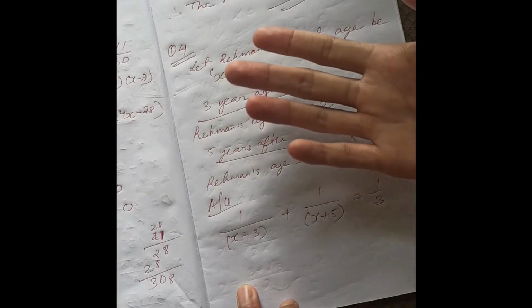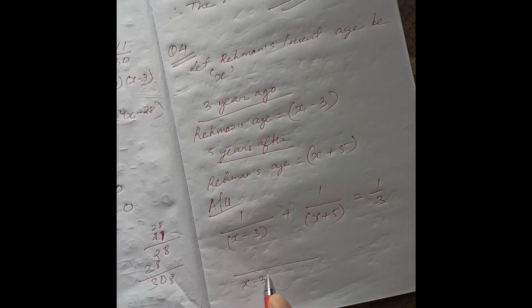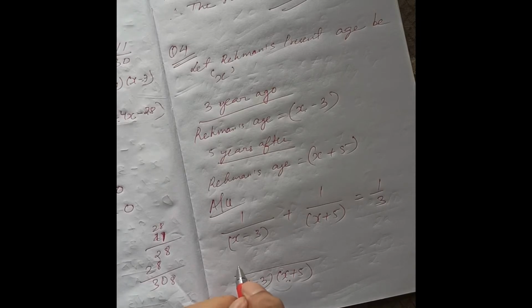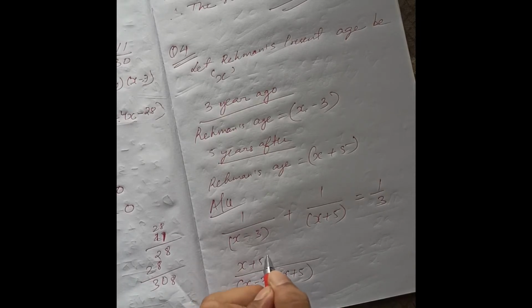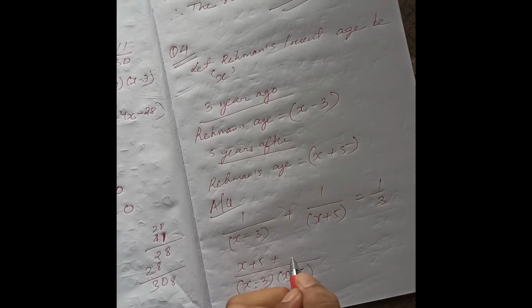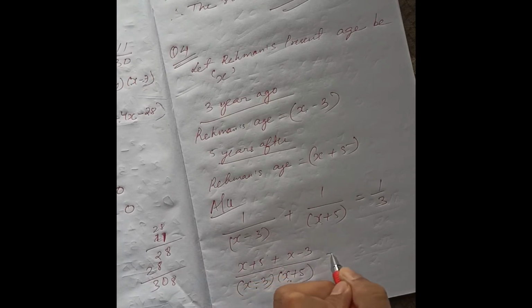So how do you want to do it? Let's do it by the LCM method. The LCM is x minus 3 into x plus 5. So here we write x plus 5 plus x minus 3.